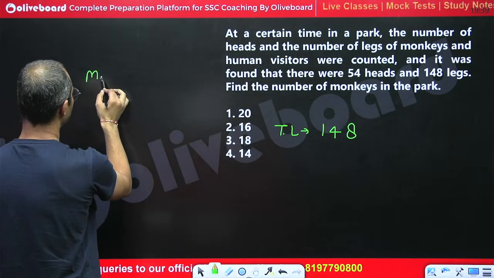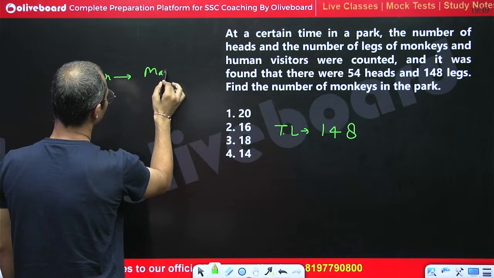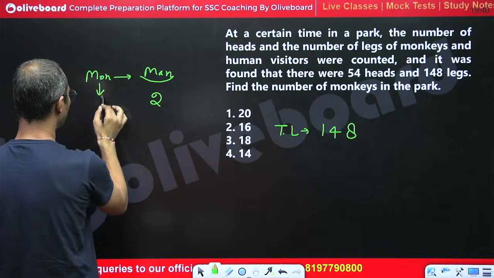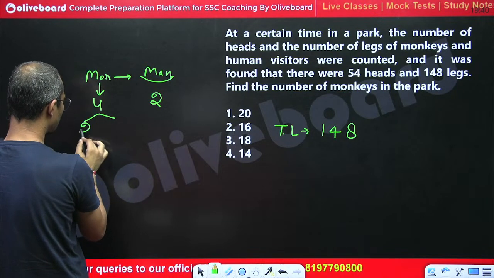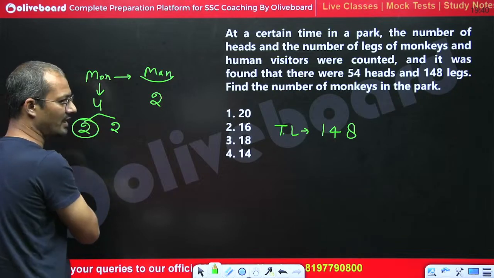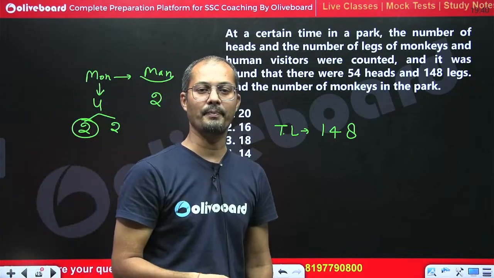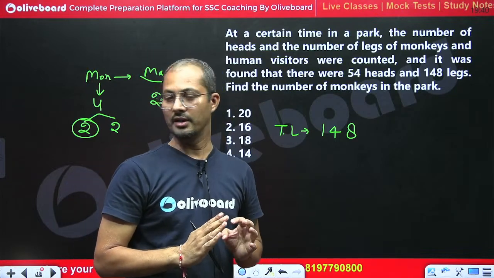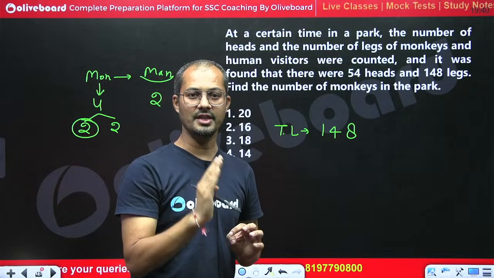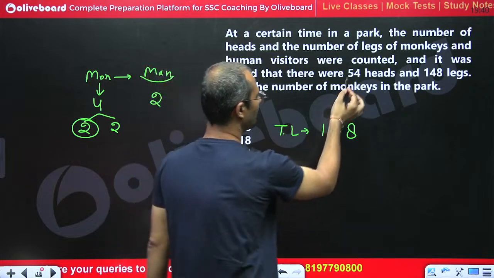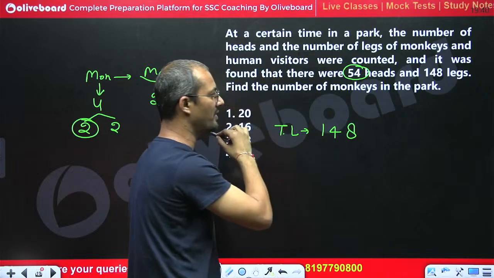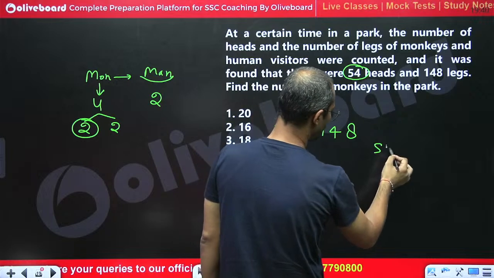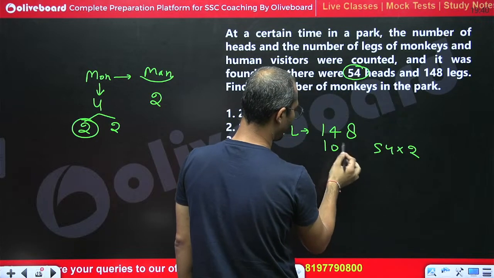We know that each man has 2 legs and each monkey has 4 legs. It means each monkey has twice as many legs as a man. Suppose there are 2 legs for each monkey and man. The total quantity of monkeys and men would be 54, so 54 into 2 would be equal to 108.